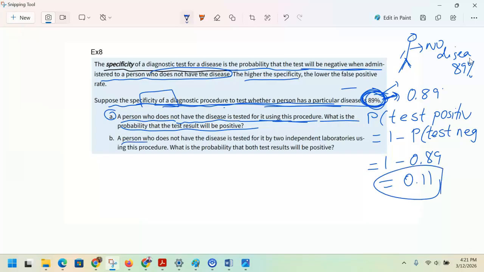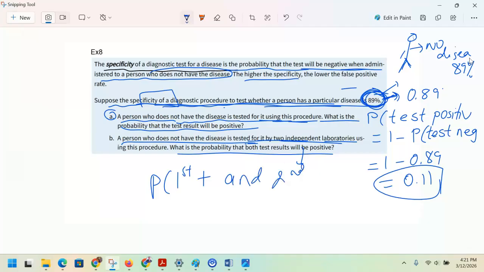Now, if a person does not have the disease but goes to two separate laboratories like last time, what is the probability he tests positive in both? That means the probability that the first is positive and the second is positive.